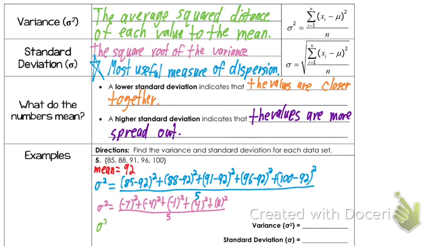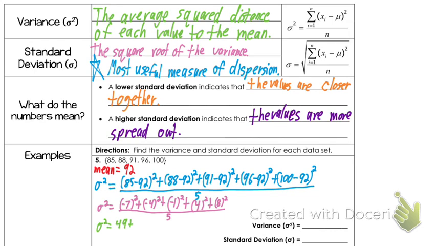Then we actually square these. What is negative 7 times negative 7? What's 7 times 7? 49. What's a negative times a negative? Positive. So do we care that it's a negative actually? Nope, it won't really matter. We're going to get 49. What's negative 4 times negative 4?